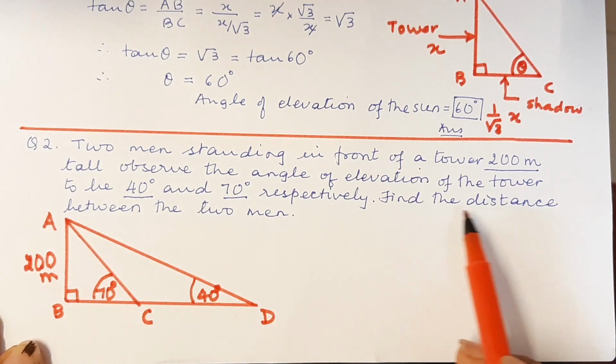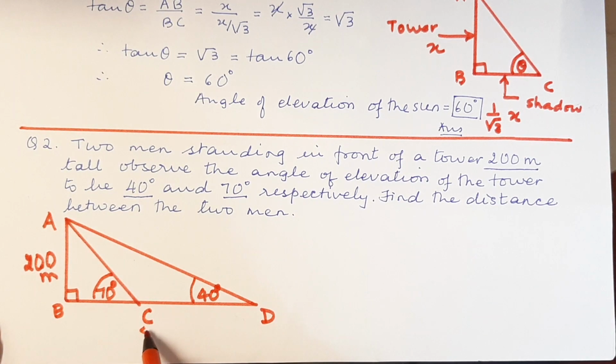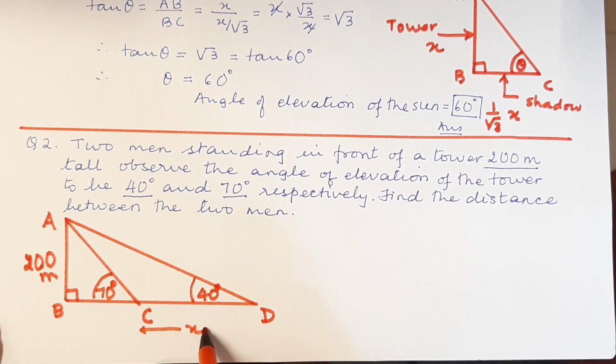And we are expected to find the distance between the two men, from here to here, and this is our x. This is what we have to find. So now, how are you going to connect this CD with the right triangles? This triangle ACD is not a right triangle. So we need to take ABC and ABD.